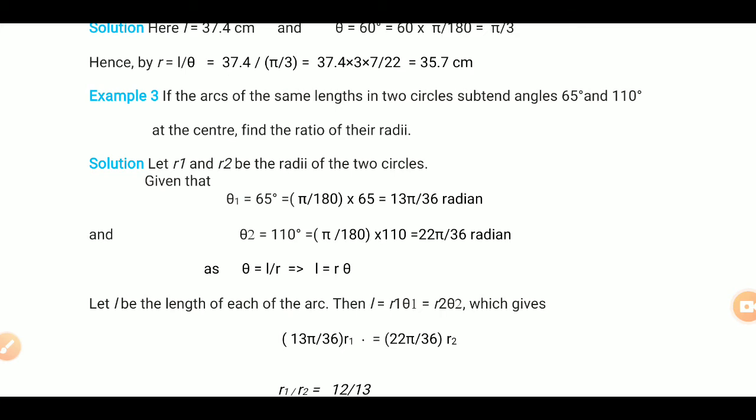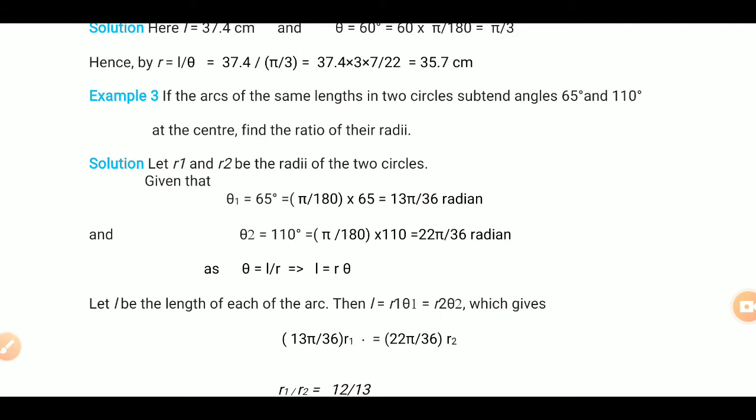Given that theta 1, first angle, is equal to 65 degree, so we convert it into radian measure, that is pi by 180 into 65. So after calculation we get 13 pi by 36 radian. Similarly, another angle is 110 degree. Multiply it by pi by 180, we get 22 pi upon 36 radian.